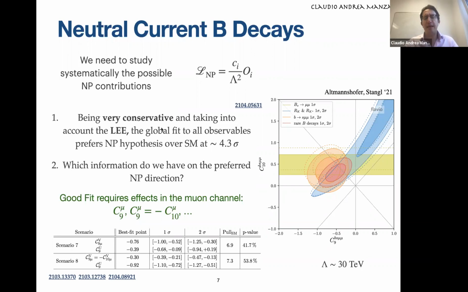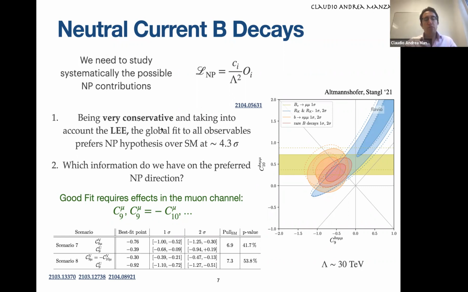Here we have had many different theory groups working on this, and except for small numerical differences in their results, the main take is that data seem to require a new physics contribution in the muon channel, and additional flavor universal contribution in the muon and the electron channel can further improve the agreement with data.